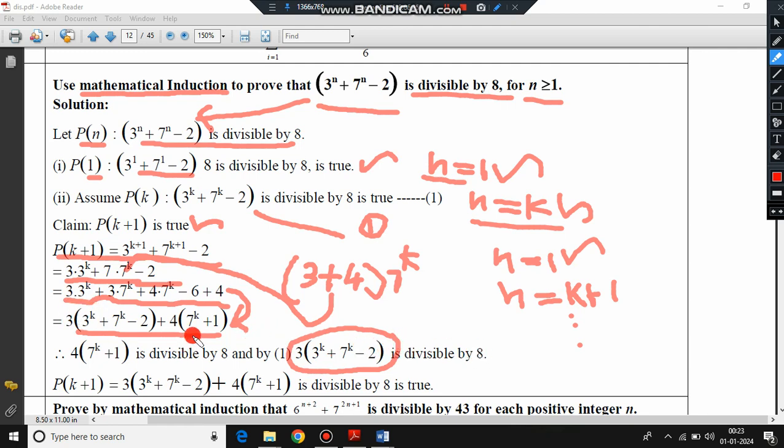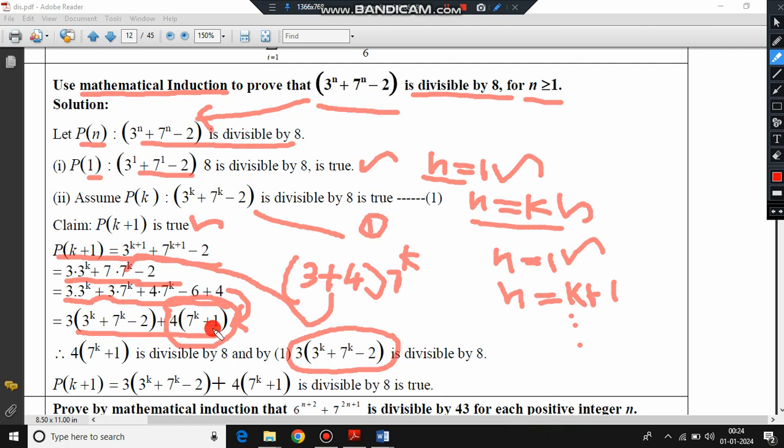Now come to the second term here. Is this second term divisible by 8 for different k? Yes. For 7^1 plus 1, 8, divisible by 8 even if it's multiplied by 4. 7^2, 49, 49 plus 1, 50, 50 into 4 is divisible by 8.